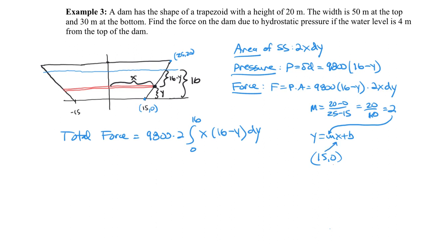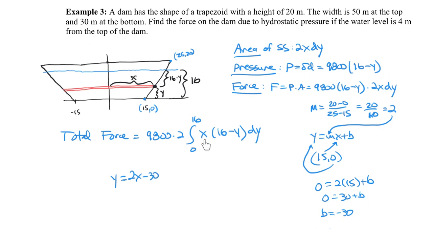So plug that in for x, that in for y. So then we'll get 0 equals 2 times 15 plus b. 0 equals 30 plus b, which means that b equals negative 30, which means the equation of our line is y equals 2x minus 30.